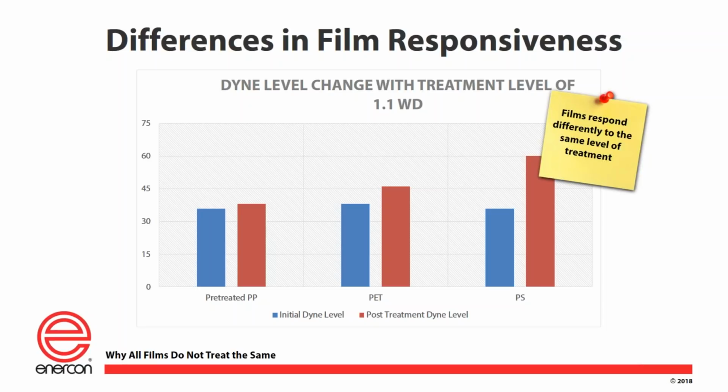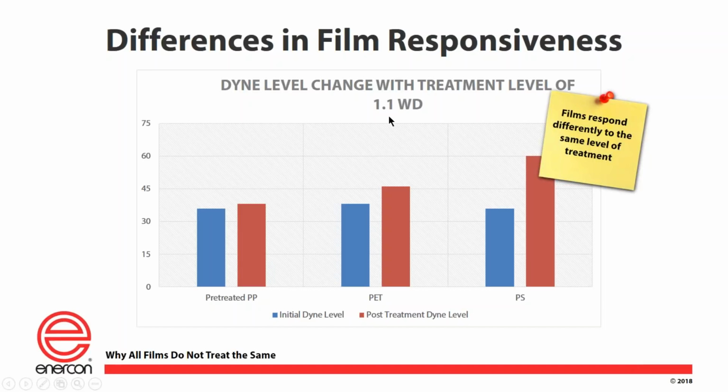So why is it that with these watt densities and this treatment protocol, it isn't all the same? In this slide, what I'm trying to do is give you a really good example of how the characteristics of the film impact the end result. Let's walk through this.